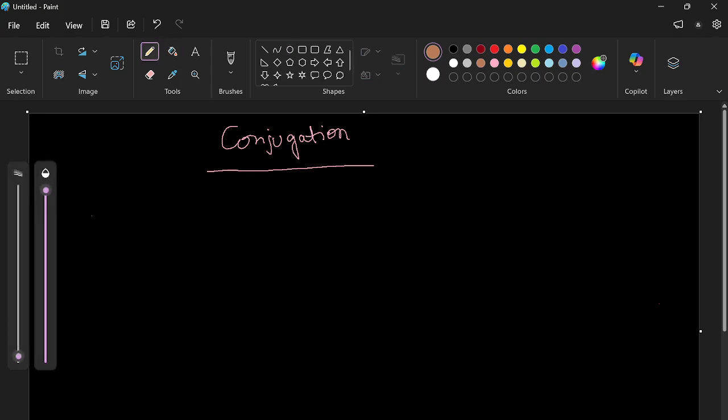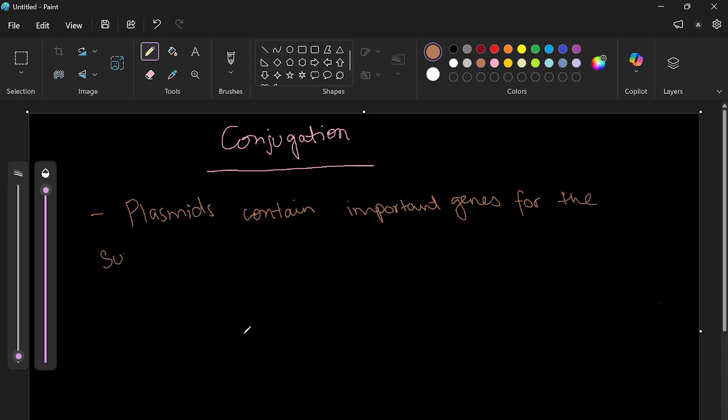Basically, one of the advantages is that plasmids often contain important genes for the survival of a bacteria if conditions of the environment change.